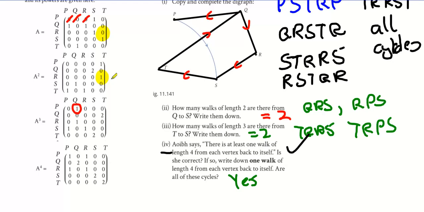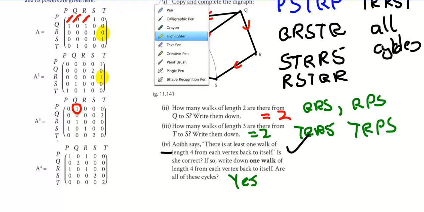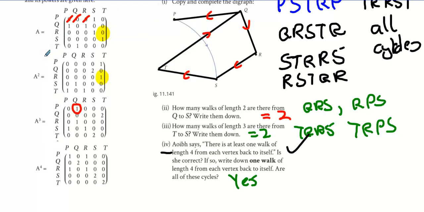That means it actually contains a walk. Does that make sense? So what I'm saying is that every single location in the matrix is represented by a non-zero entry in one of the 4 matrices, and that means they all have a walk from any point to any other point.